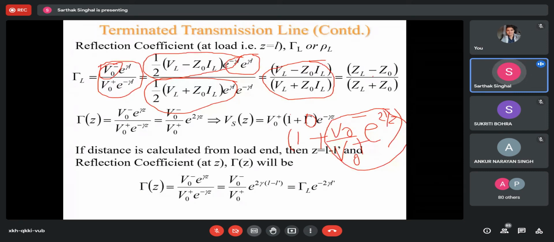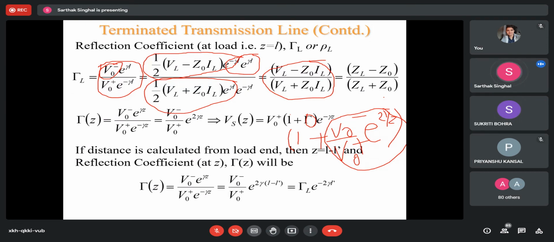That means the forward wave and the backward wave will be 180 degrees out of phase. Whereas in case of open circuit, there will be no out of phase component in the backward wave, so the incident wave and the reflected wave will be in phase. Is it clear?